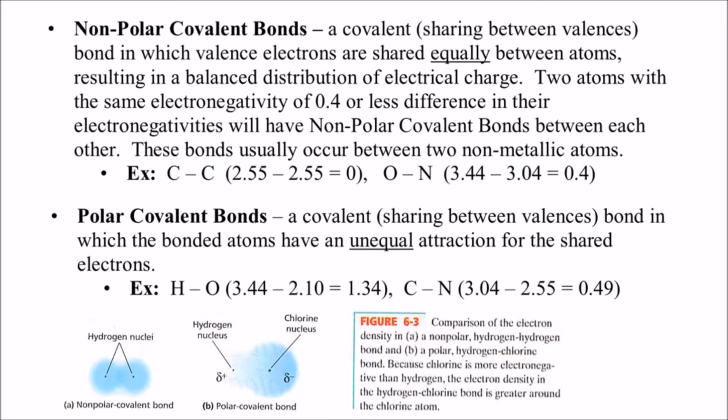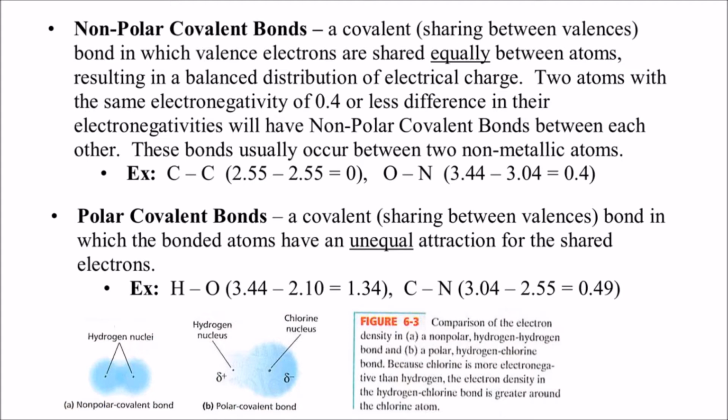Let's talk about those two classes of covalent bonds. The non-polar. Well, we need to know what polar means. When we talk about polar in science, we're talking about things being separated onto opposite ends, like a pole, like North Pole and South Pole. And in this case, we're talking about charge.